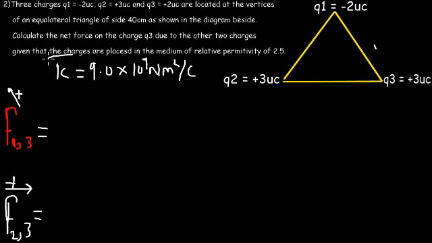Because this value is used when the charges are situated in a vacuum. But in this problem, they make it known to us that those charges are placed in a medium, and that medium has a relative permittivity of 2.5.